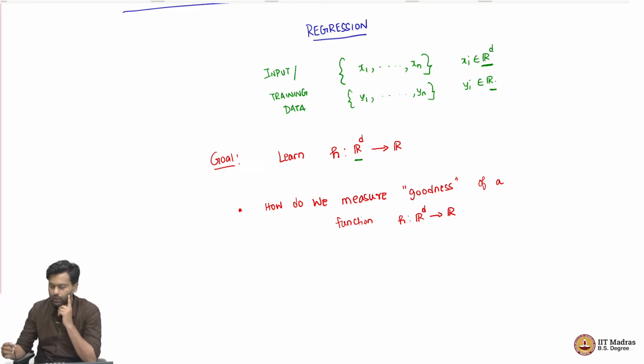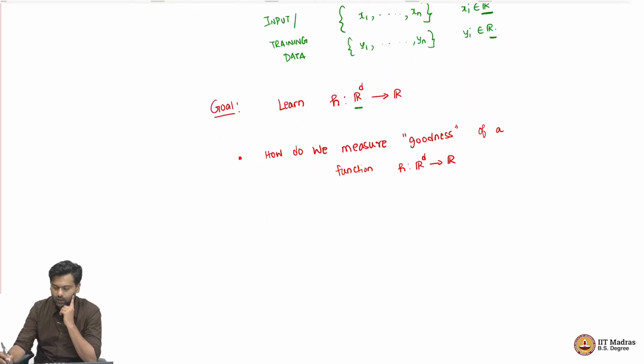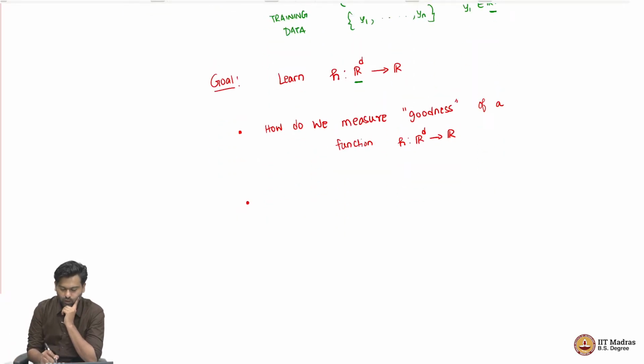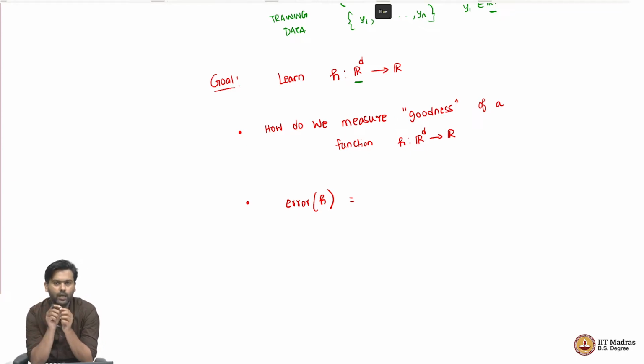Which means that we need to come up with some notion of error for a given function. So, the error of an h: I give you an h, and you have to output a single number which tells me how good this h is for this data set. What might be a good way to measure error? Let us take a single data point xi, the ith data point in my data set, and ask how good h is for xi.